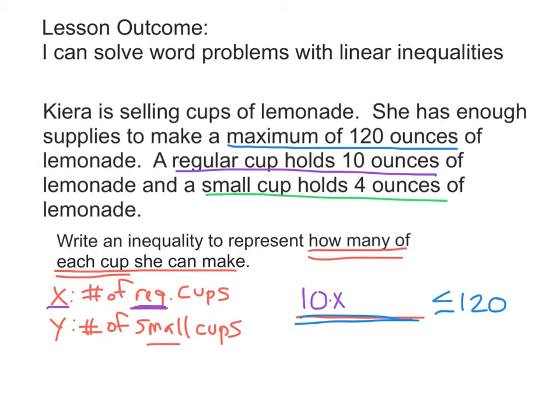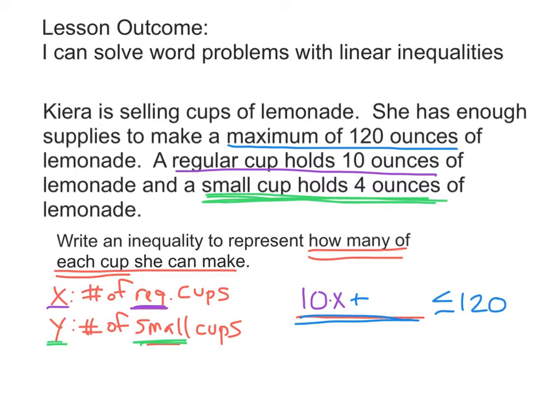So that's 10x. Plus, we also know that small cups right here are our y value. So we know the small cups hold 4 ounces right here, but we don't know how many we sold, but we know that's y.